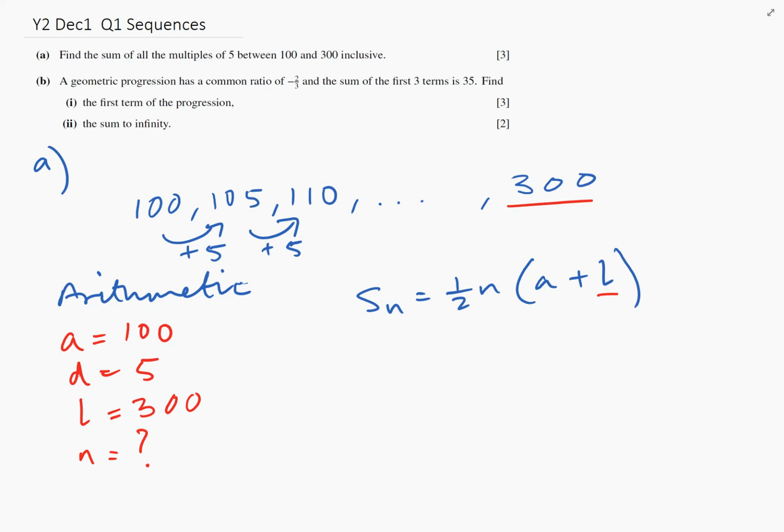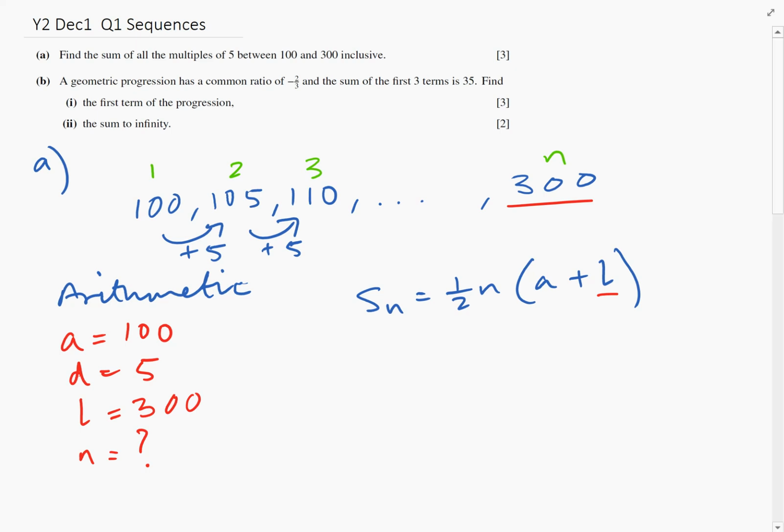I mean, you could just count how many times you're adding on 5 here, but I think the way I would do it is say this is term 1, term 2, term 3. So we want to find out what n is there, how many terms there are.